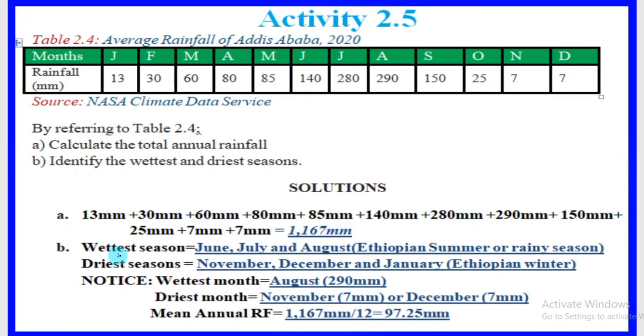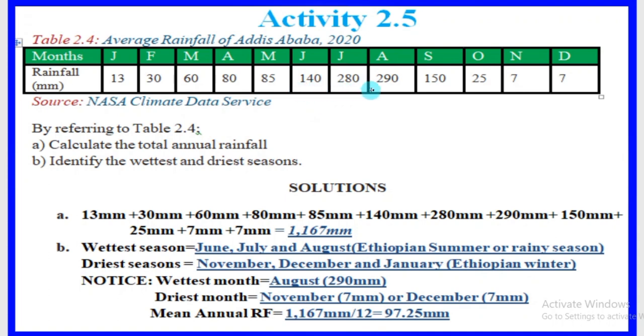Number 2, identify the wettest and driest season. To identify the wettest season, you have to see the highest value. Now we are asked to identify season. Therefore, here we have June, July, August.